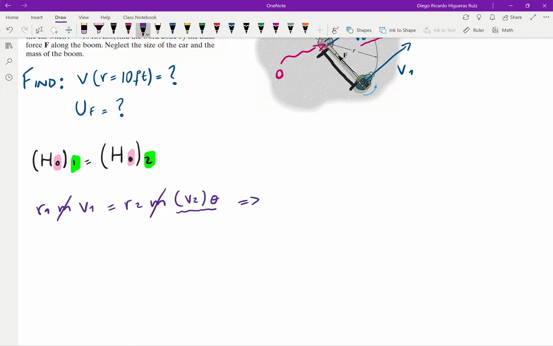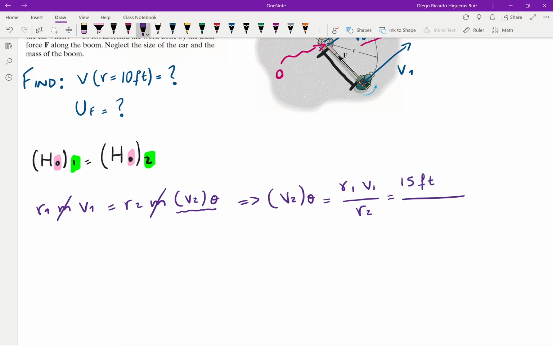So we can have v2 theta equal r1 times v1 divided by r2, and that's gonna be equal to 15 feet.